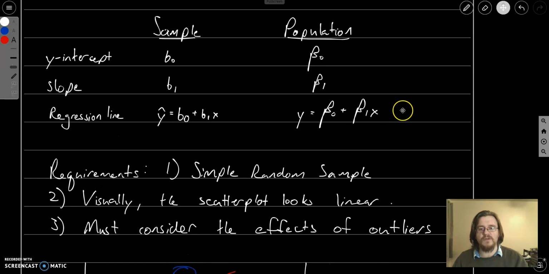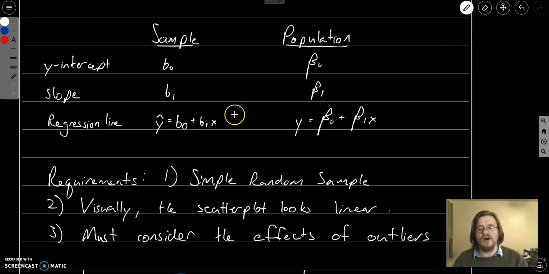And then very briefly, what I had skipped before was that we do have a little bit of different notation when we're looking at a sample regression line and a population regression line. For samples, we use B0 and B1 to indicate the y-intercept, so where the line will hit the y-axis, and B1 for the slope, which is the angle the line is at.